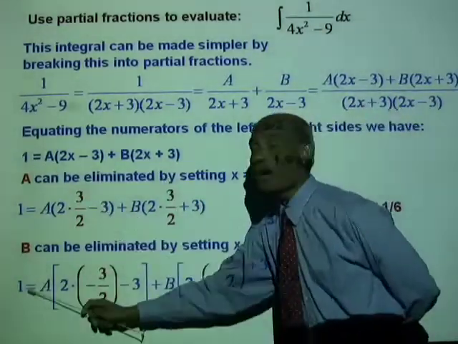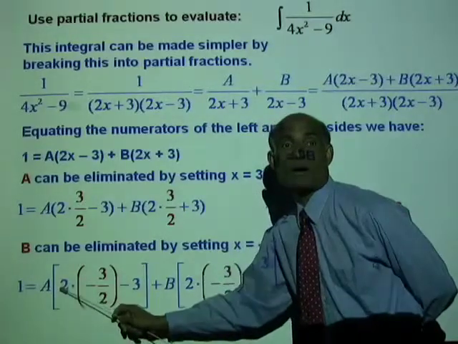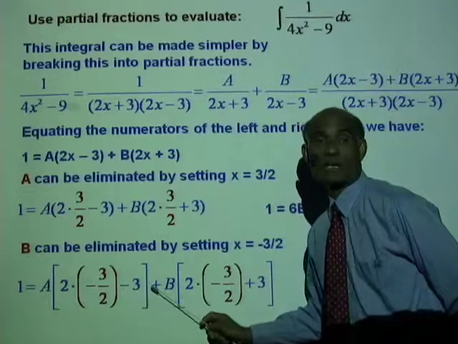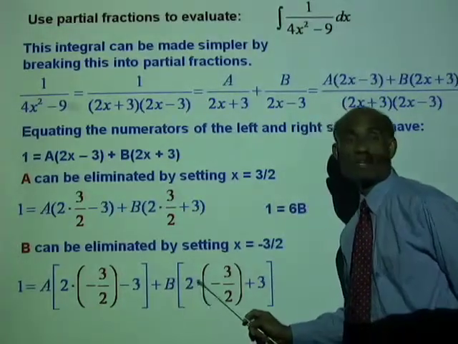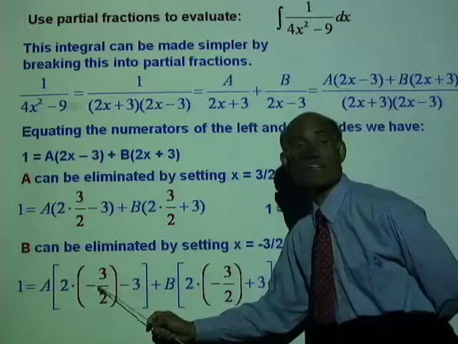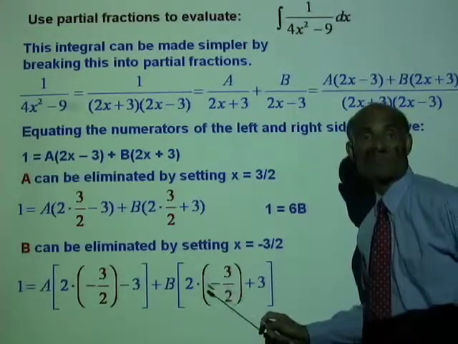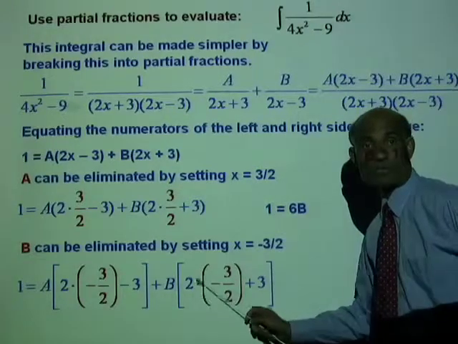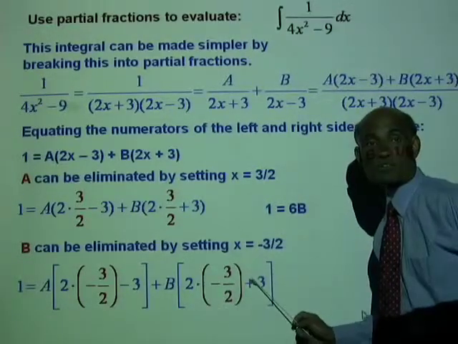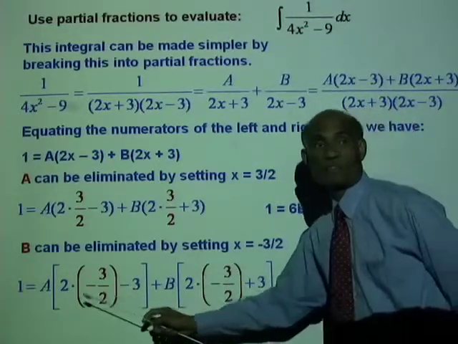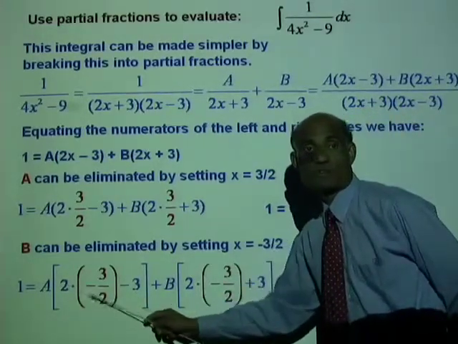You have 1 equal to a times 2 times negative 3 over 2 minus 3 plus b times 2 times negative 3 over 2 plus 3. We just replaced x by negative 3 over 2. And if you notice here, the 2 and the 2 cancel. That will be negative 3 plus 3, 0. So that term will vanish. And this will be 2 and 2 goes.